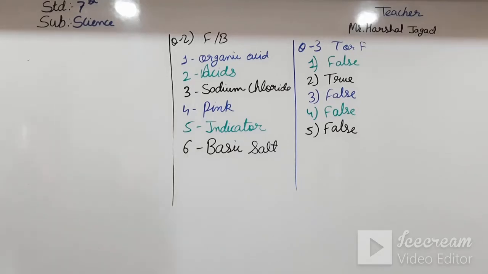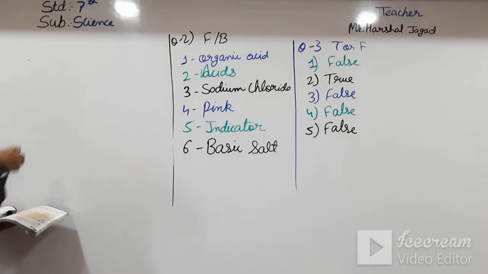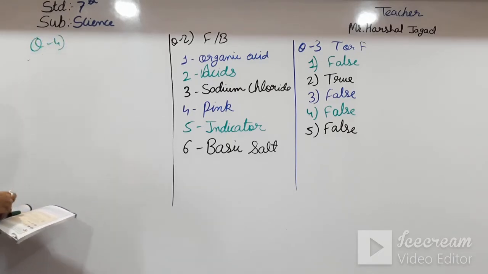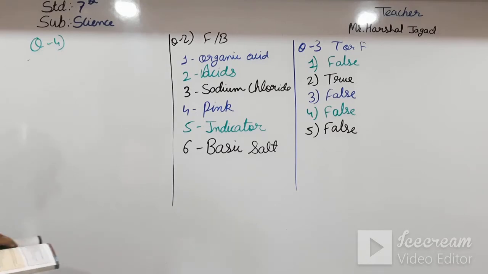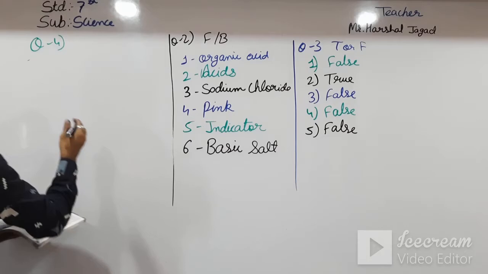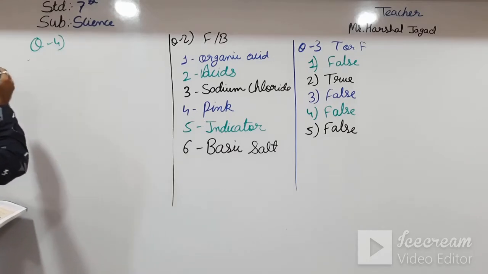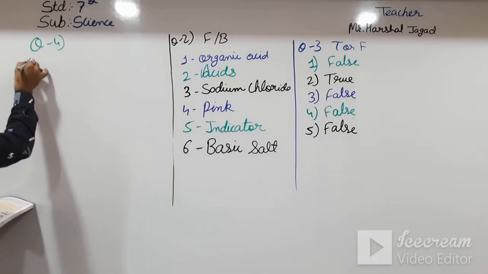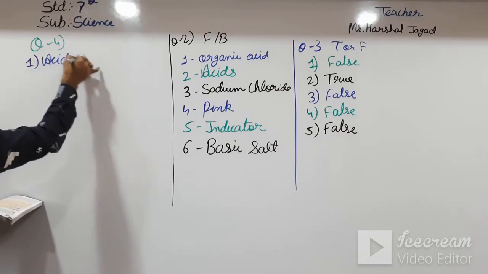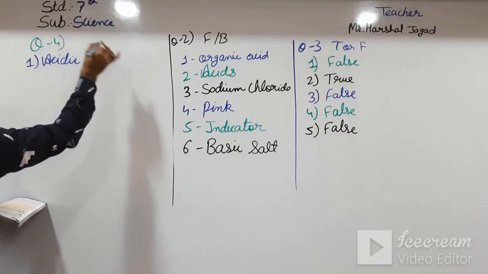Question 4, name the following. In that, first, a substance containing an acid is called an acidic substance. So the first one will be acidic substance.